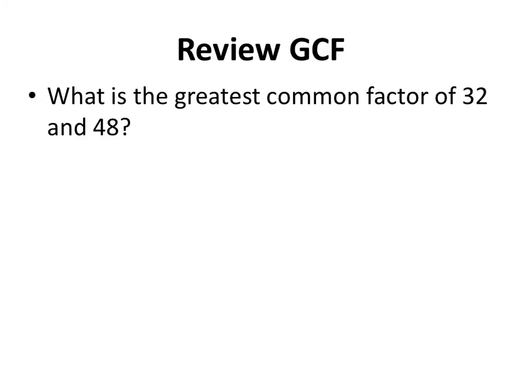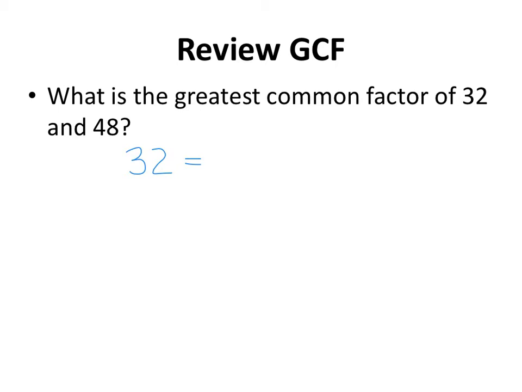In order to discuss common factors, it's helpful to remind ourselves about finding the greatest common factor of numbers. In this example, the greatest common factor of 32 and 48. When we deal with common factors of polynomials, often there's not nearly as much work involved as we had with values.